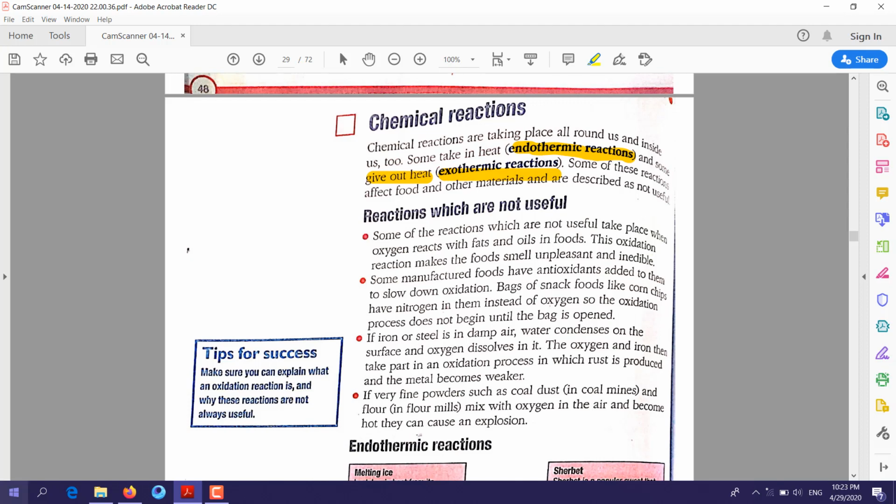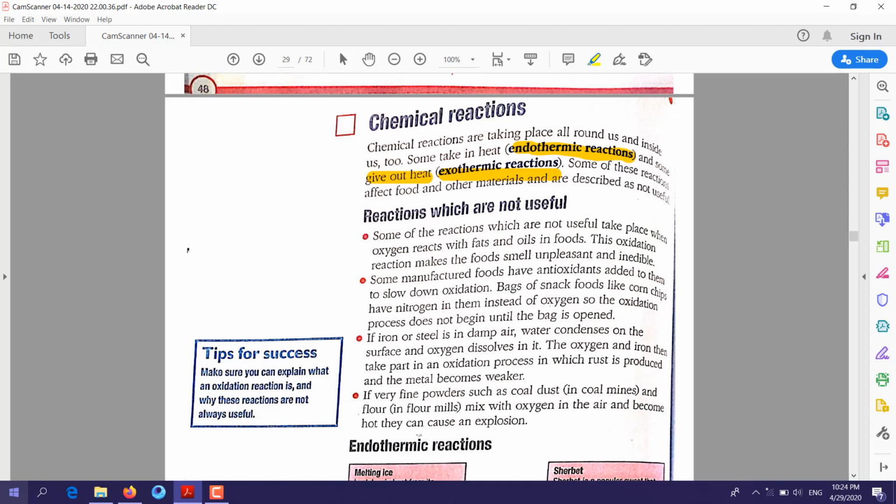Reactions, we can classify them or divide them into two types depending on the heat. Are they taking in heat or are they giving out heat? The ones that take in heat, we call endothermic reactions. The ones that when they react, give out heat, we call exothermic reactions.